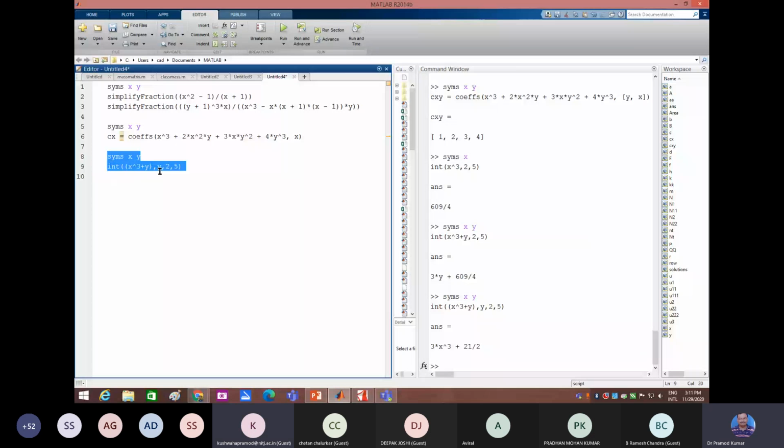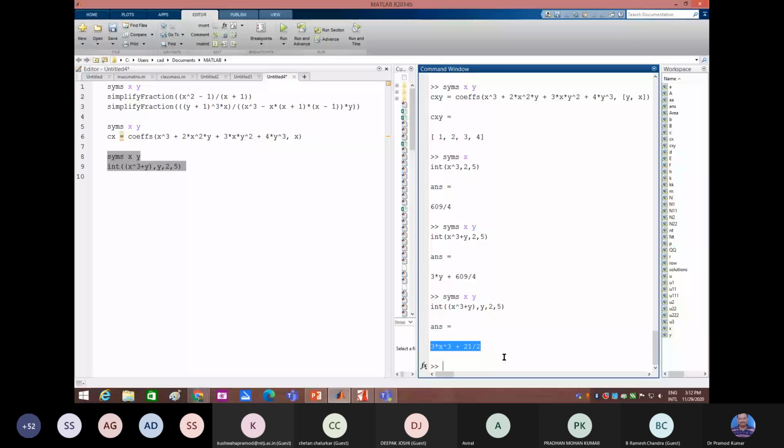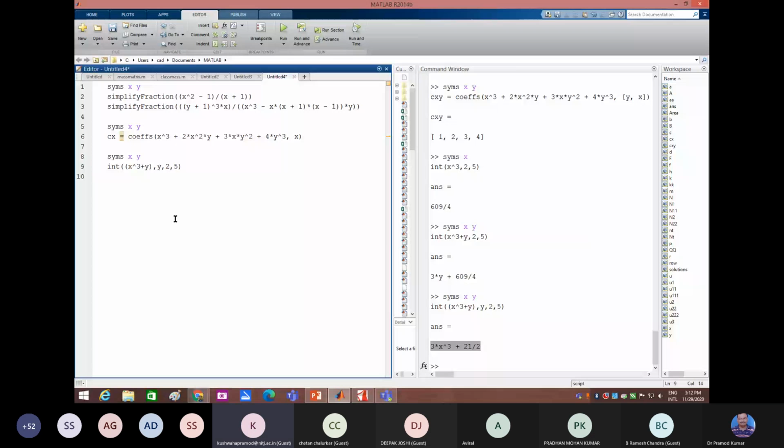This is the answer. 3x cube plus 21 by 2. X is assumed as constant and then it is integrated with respect to y. Is it correct? 3x cube plus 12.